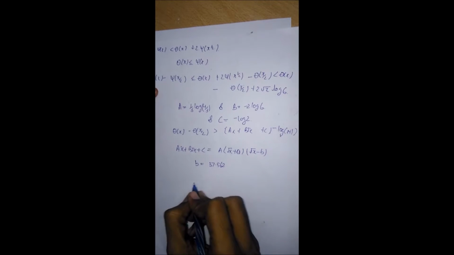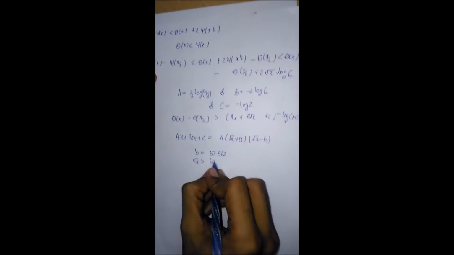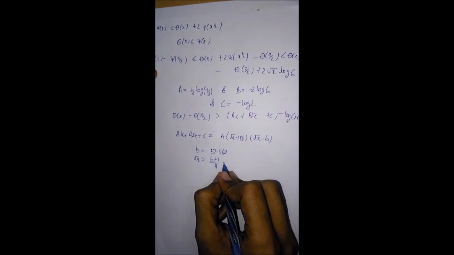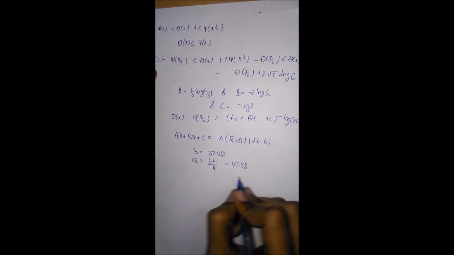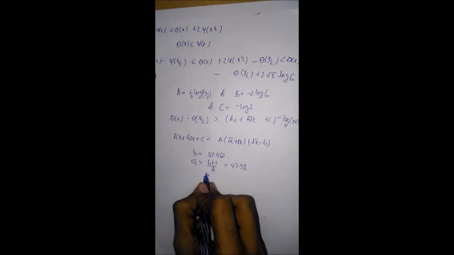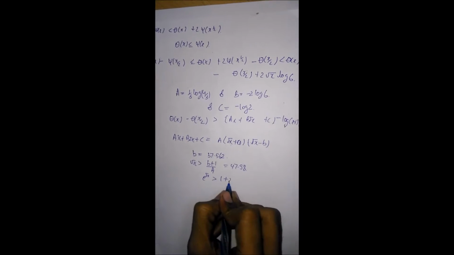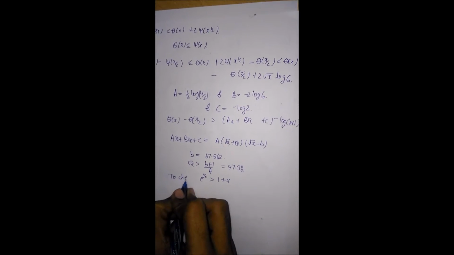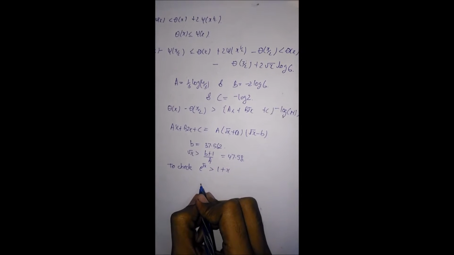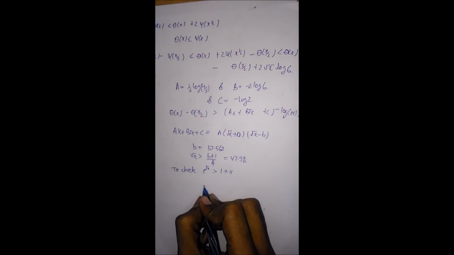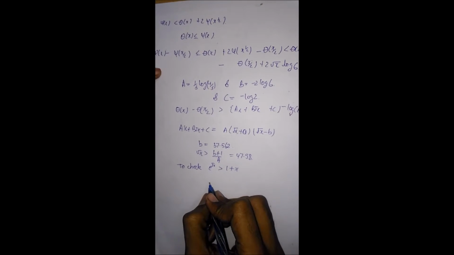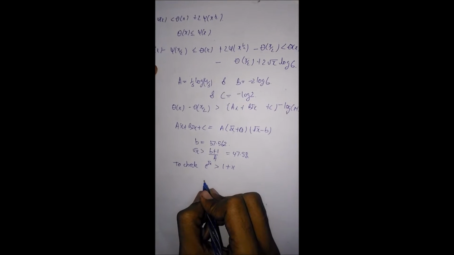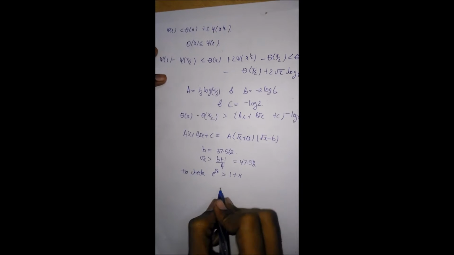Thus for root x greater than b plus 1 by a equal to 47.98, we need only to check that e to the root x is greater than 1 plus x. But this is evidently the case for x greater than 36, since e to the root x is greater than 1 plus root x plus x by 2 plus x power 3 by 2 by 6.